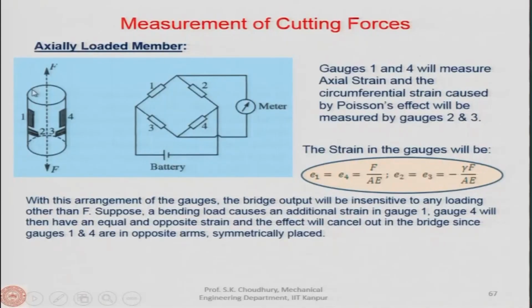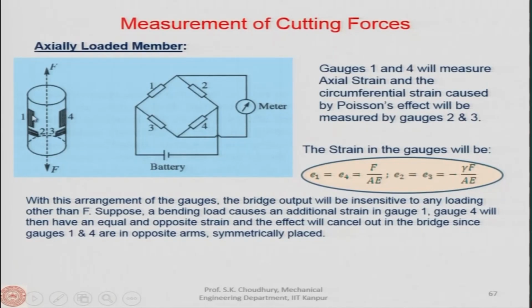Then we started discussing, if you look at this slide, the axially loaded member, and here is that axially loaded member and here is the load. What was said is that there are strain gauges, or these can be piezoelectric elements.